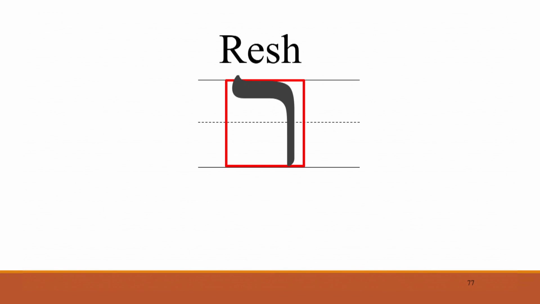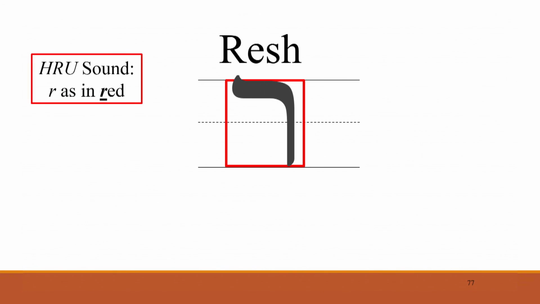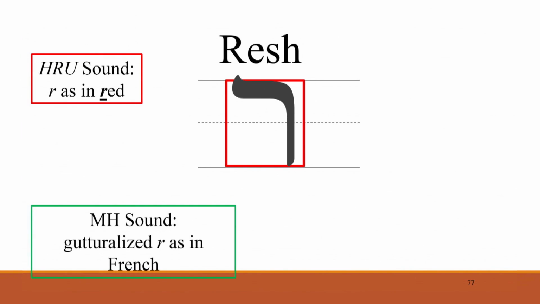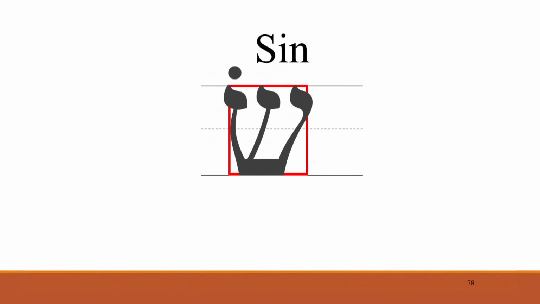The next letter is resh. In Hebrew, for the rest of us, the sound is given as R, as in red, and that works. In modern Hebrew, it's a gutturalized R, like French. The next letter is sin, and this is the letter with the dot over the left-hand shoulder. Remember, sheen is right.